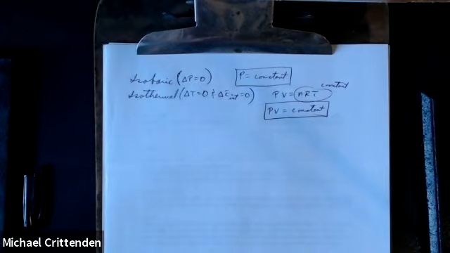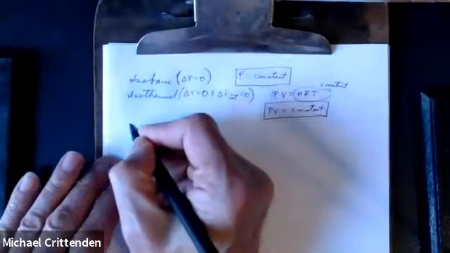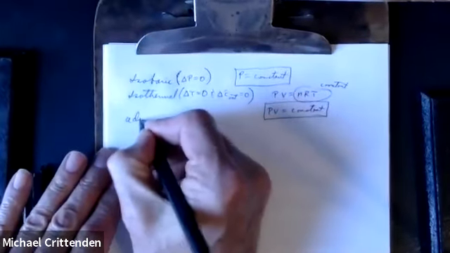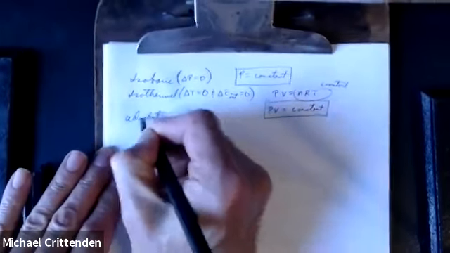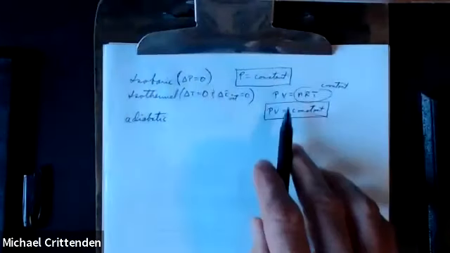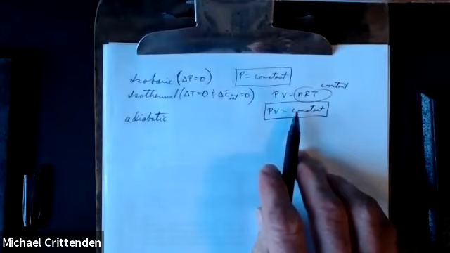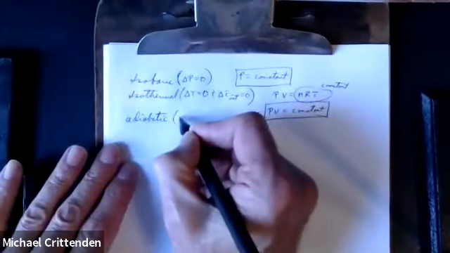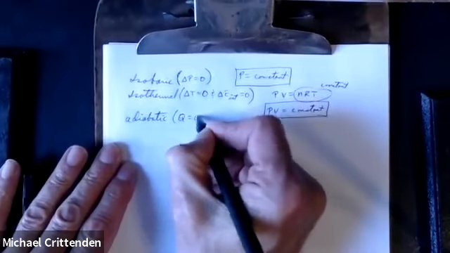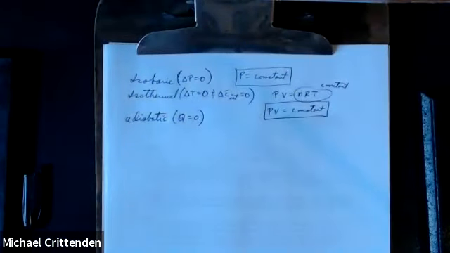Well, what about an adiabatic process? Yeah, we're not going to come up with that in one line like I did, or one or two lines like I did these other things. That's going to take a little bit of explaining. The word adiabatic, once again, means Q equals 0, no heat flow.